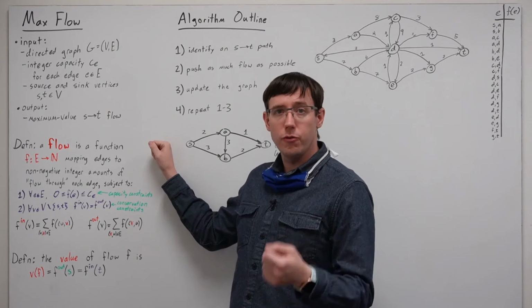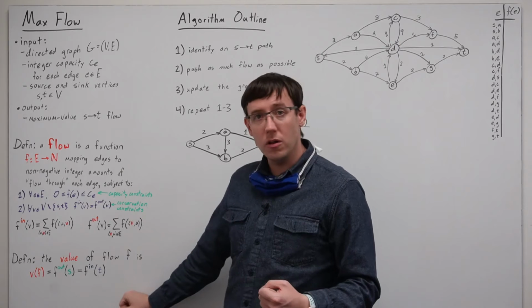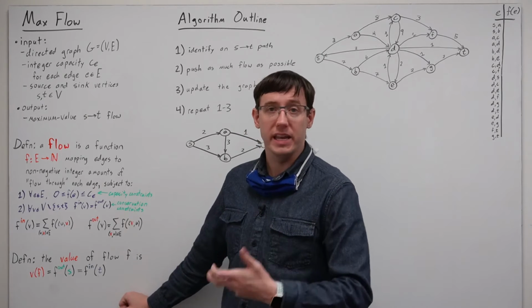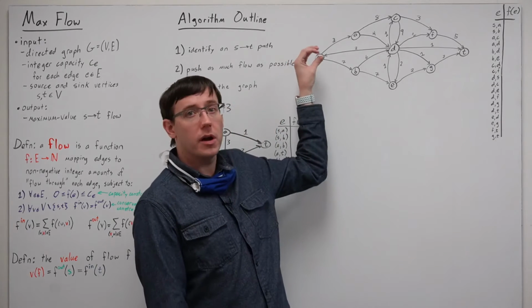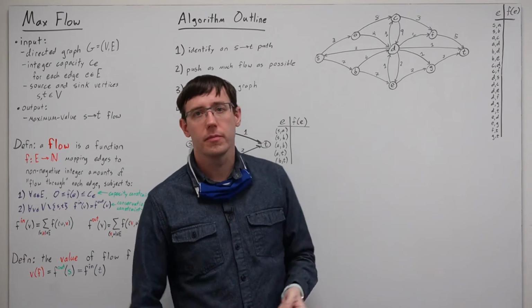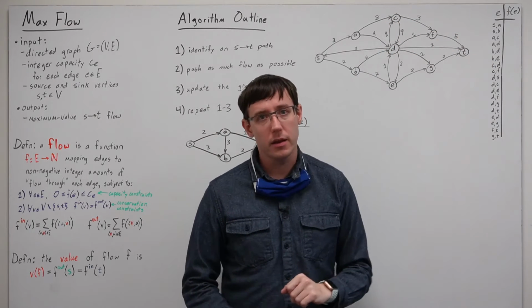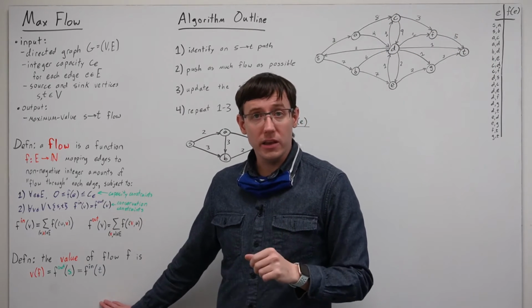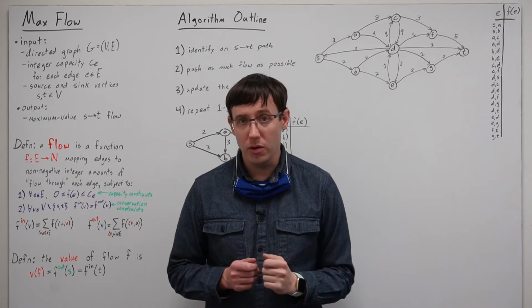Now that we've formally defined a flow, we can call the value of any given flow function the amount of flow coming out from the source, or the amount of flow going into the sink. We can define this value either way because they turn out to be equivalent.